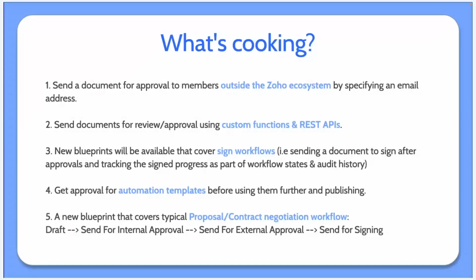With this blueprint, you can set up a workflow that takes a document from the drafting stage through internal and external approvals and finally to signing. This can help ensure that the document is thoroughly reviewed and approved before it is signed and executed. So these are what we have planned currently in the product roadmap.